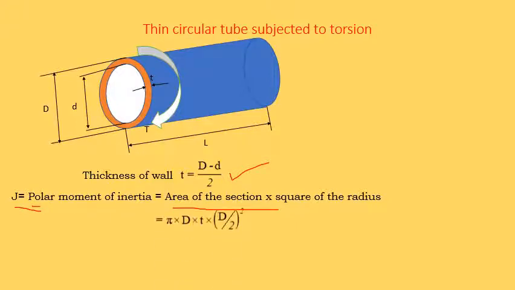The area of the cross section is pi into diameter into thickness, whereas the radius is nothing but diameter by 2. After simplifying, we got polar moment of inertia J equals pi d cube t divided by 4.